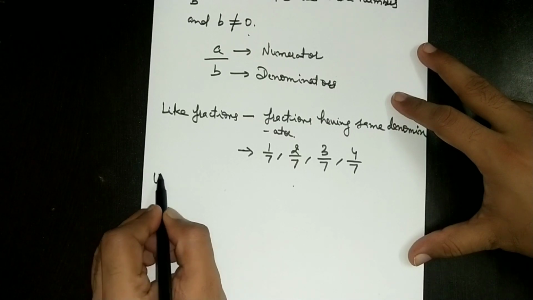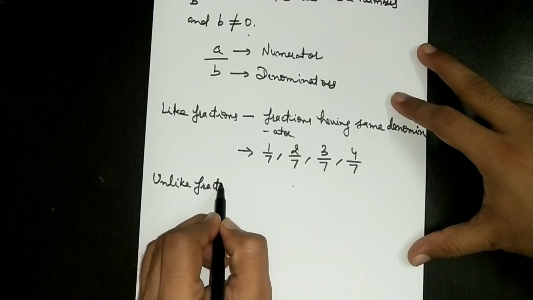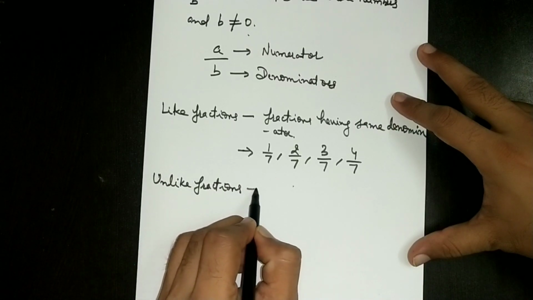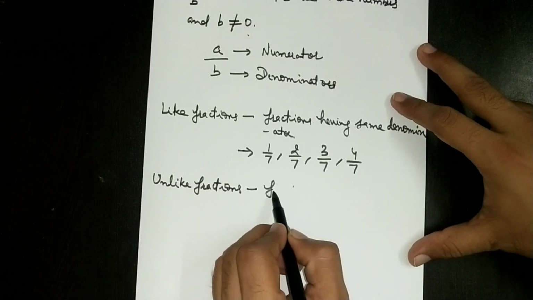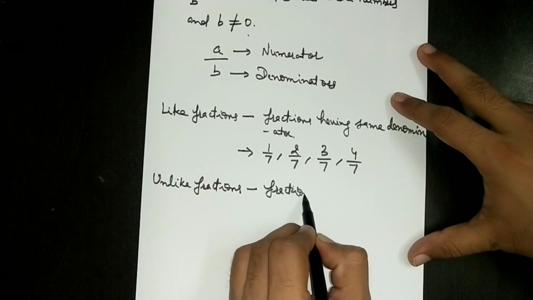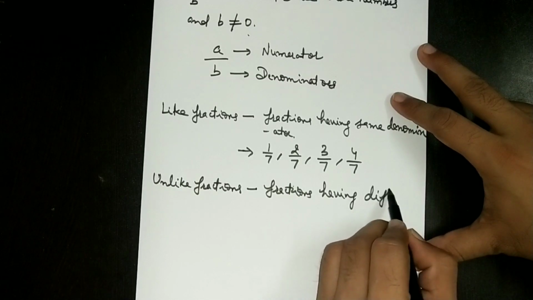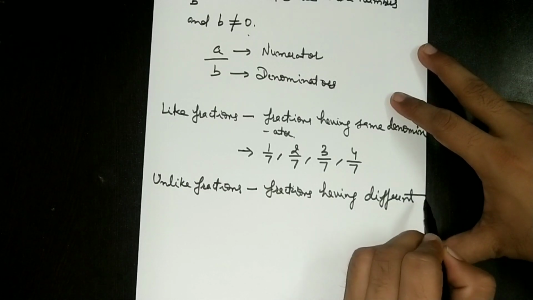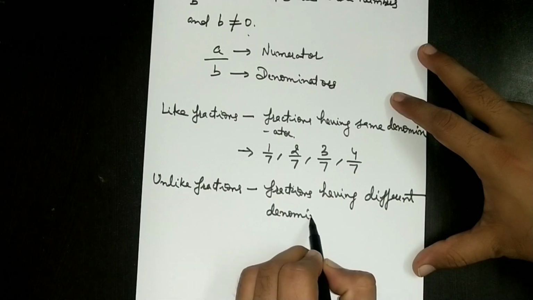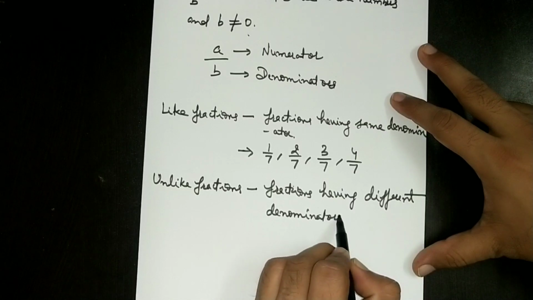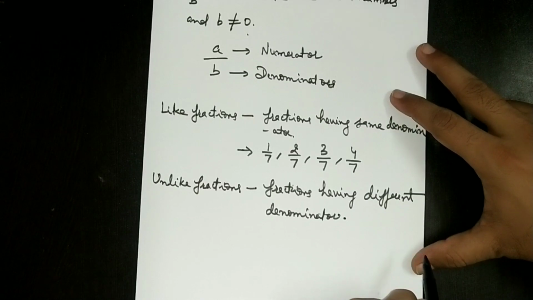Now, what are unlike fractions? Fractions having different denominators are called unlike fractions.